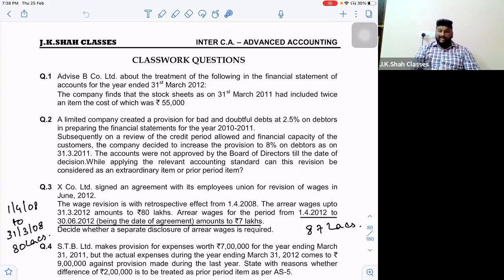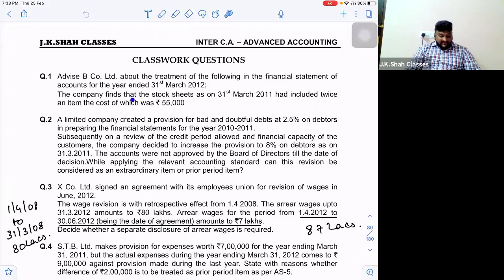Question number 1. Advise B Company Limited about the treatment of the following in the financial statements of accounts for the year ended 31st March 2012. So you have to give an opinion as on 31st March 2012 for this transaction.